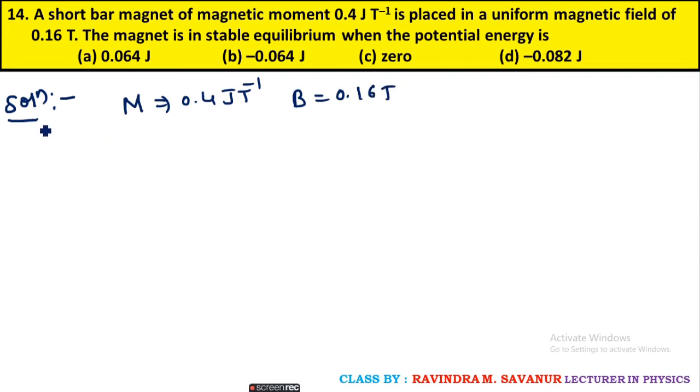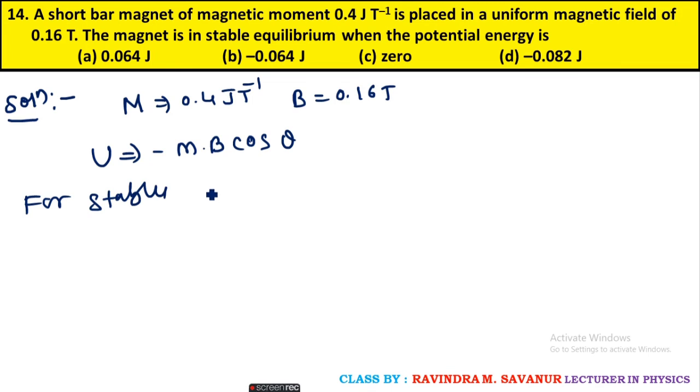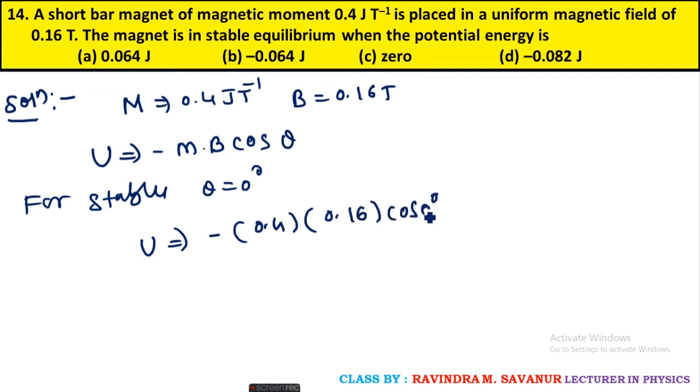When the bar magnetic moment is placed in a magnetic field, according to the definition, the potential energy is given by minus mB cos theta. Here for stable equilibrium, theta is taken equal to 0, and therefore our equation becomes 0.4 into 0.16 and cos 0.